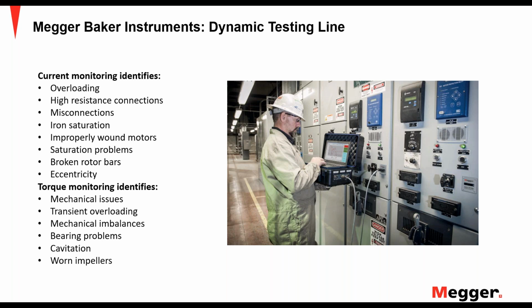And I know that you guys have experienced it where the electrical guys and the mechanical guys don't always agree. Electrical guys saying it's the pump, mechanical guys saying, nope, it's got to be the motor. If you put the EXP or dynamic testing on to that motor, a lot of times it acts as a judge. So if you see issues in torque, that's mechanical. It's definitively a mechanical issue. There's nothing wrong with the motor per se. It happens to be the mechanical side that's having difficulty there.